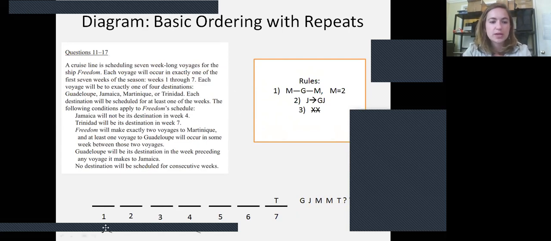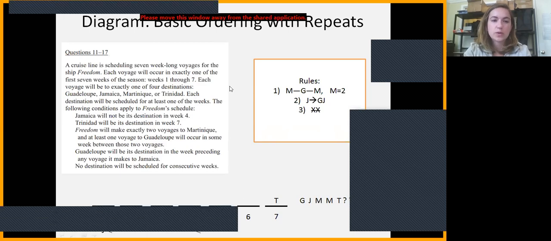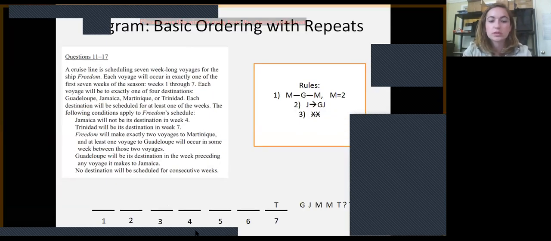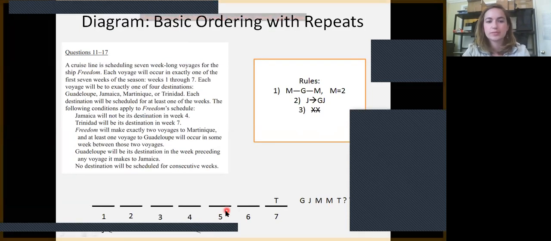So Jamaica will not be the destination in week 4. I usually indicate rules like that with just a little slash. Oops, I'm sorry. I'm going to go back. Okay. I usually indicate those with a little slash under the space, so J is not going to be in 4.